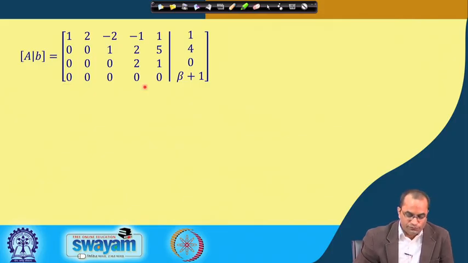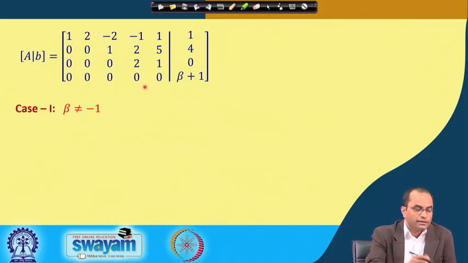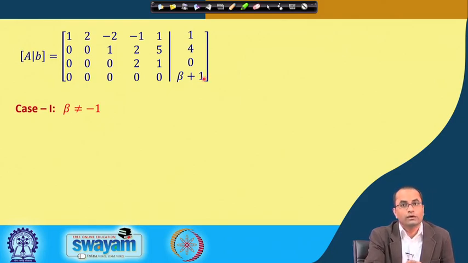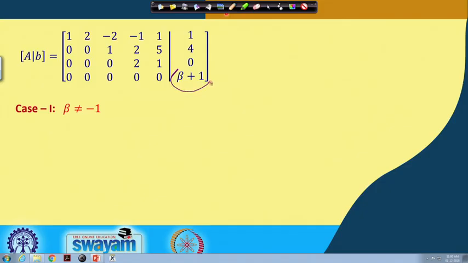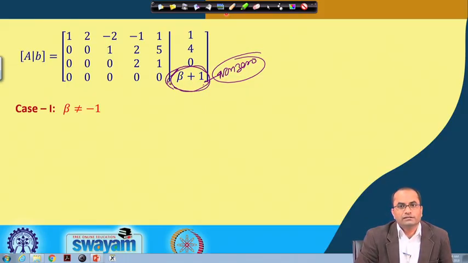Now we will identify the cases. We take the first case when beta is not equal to 1. That means something non-zero is sitting at this place here. If something non-zero is sitting here, the last column has a pivot, meaning that we have an inconsistent system.